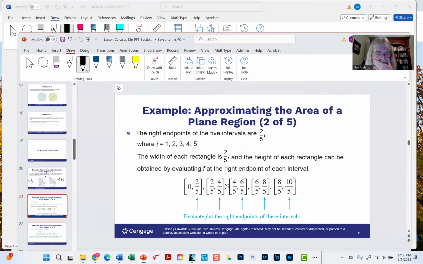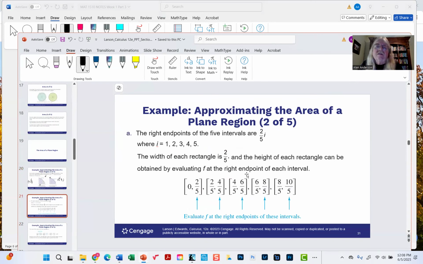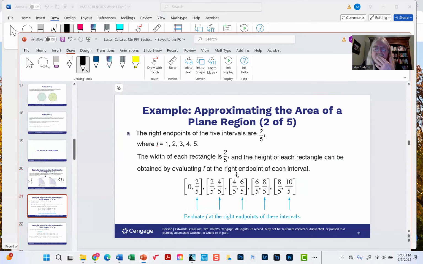Now, I don't know if they have a diagram showing that. Oh, I see what they've done. They decided to combine the summation notation so that we can get an approximate area under these curves using the ones you're seeing here. Now, you could do these separately or you could add them up.